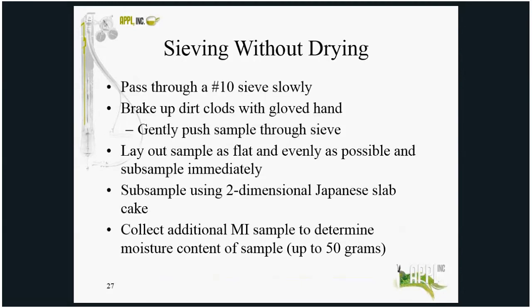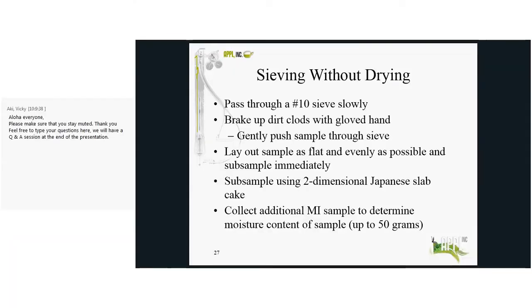You may want to take a wet sample and sieve it and not dry it. In doing that, you're going to pass your entire sample very slowly through your number 10 sieve. You want to be careful not to force things through the sieve. You could damage it. And once again, you don't want anything greater than 2 millimeters.